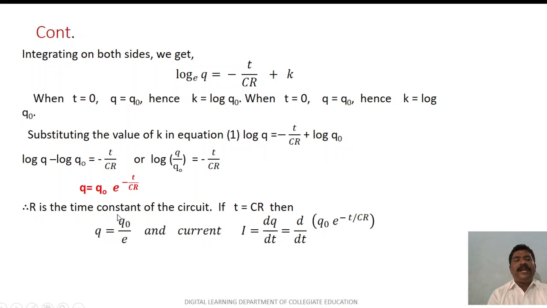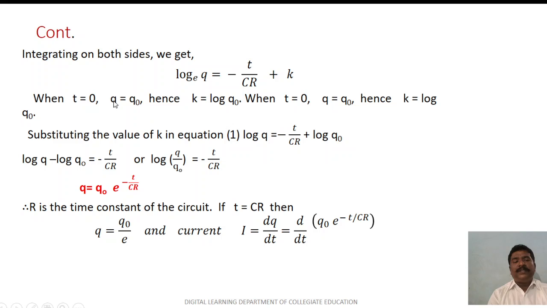Integration of dQ divided by Q is log of Q, equal to minus t divided by CR plus an integration constant K. Looking at the boundary conditions, initially the capacitor is charged, so at time t equal to 0, the value of charge is Q equal to Q naught.